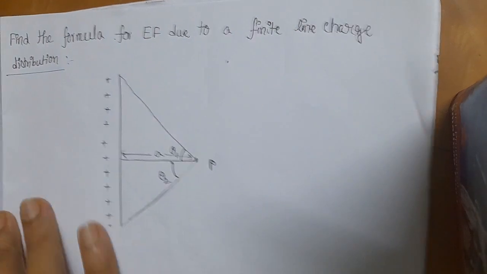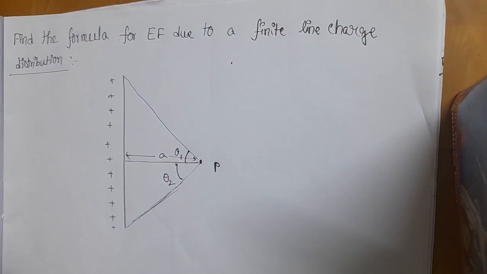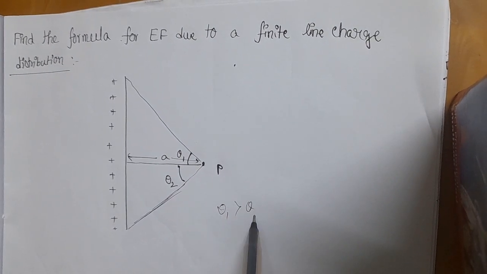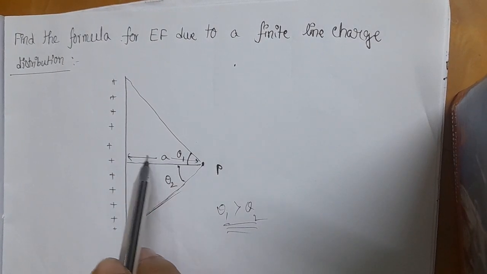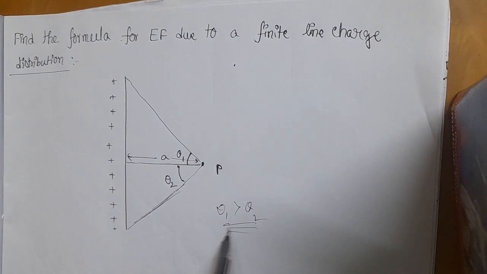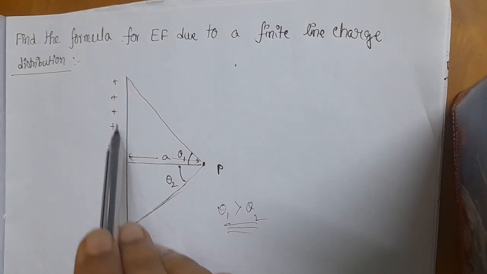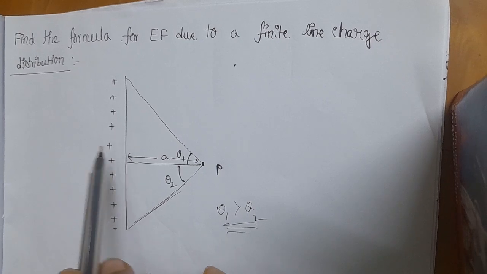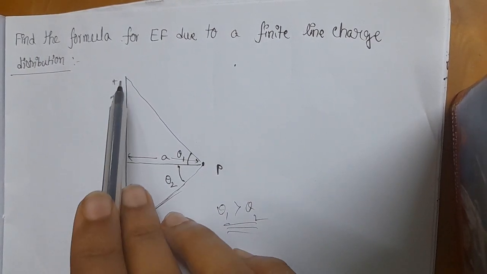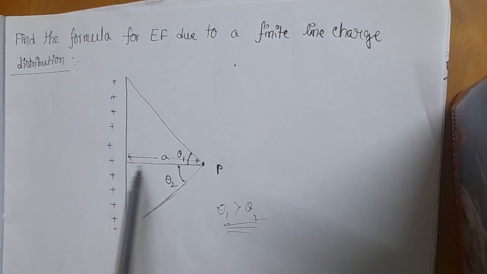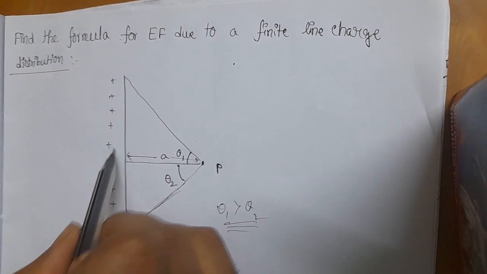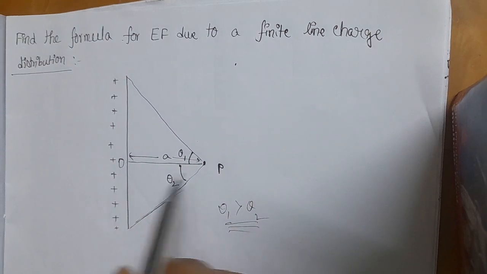So, one thing that I have not explained: suppose theta 1 is greater than theta 2. What will be the case then? At that point, you can easily see that there are more positive charges, assuming that the wire is uniformly charged, on the line beyond this point, beyond this line OP.